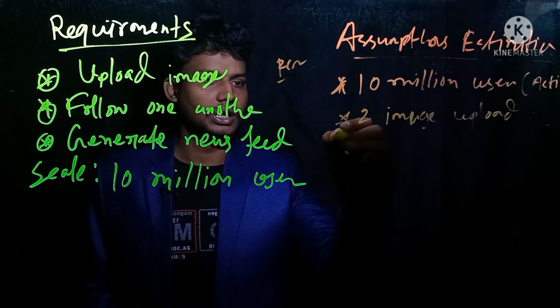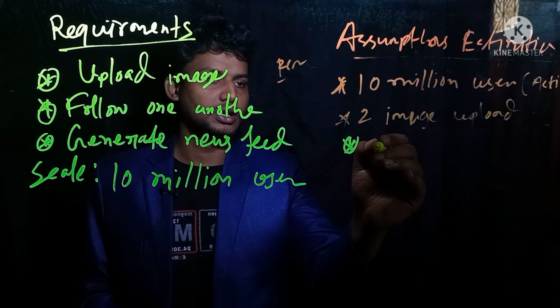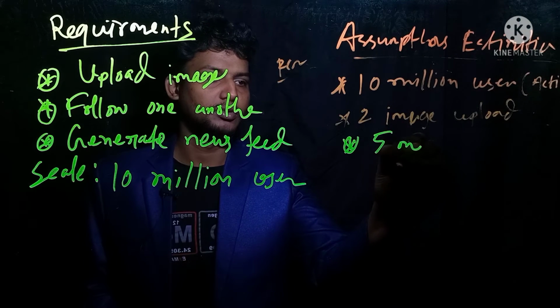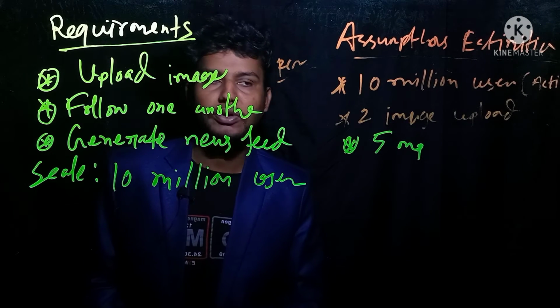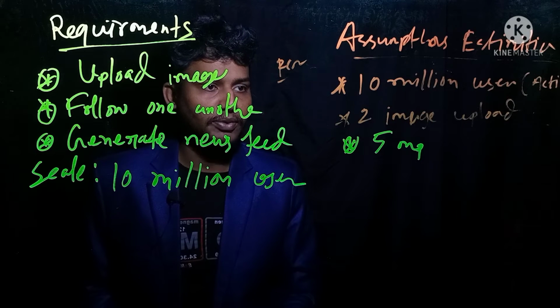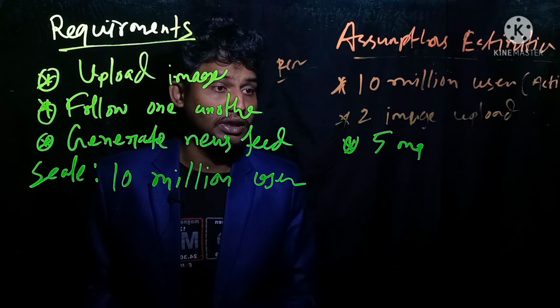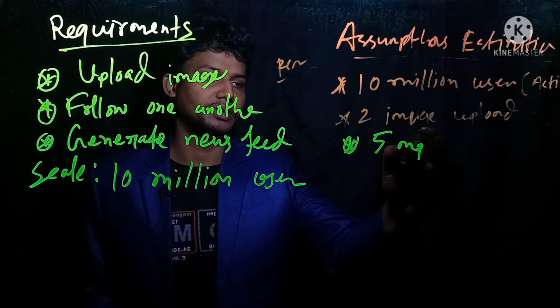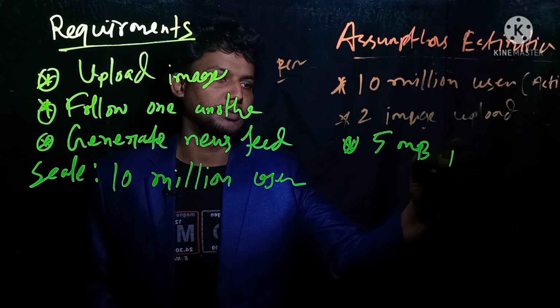Let's have these images at 5 MB. Actually images may be 1 MB or 2 MB, but with the captions and comments and all other things, let's say a total of 5 MB per image, right?